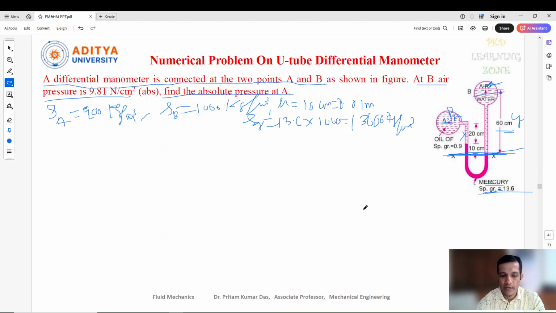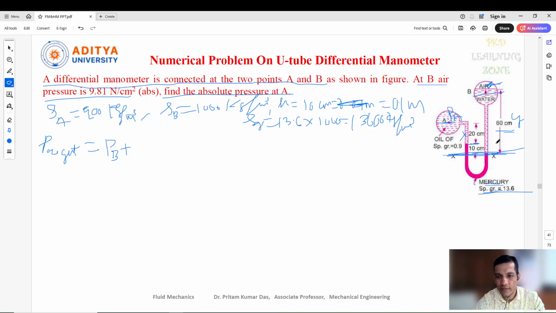So directly we'll write down the pressure here. The pressure on the right side is a single liquid. So pressure at the right side above the datum line is equal to PB, already given as 9.81 Newton per meter square, plus rho g h. Here 10 centimeter is given, so you need to write 0.1 meter, not 0.01.